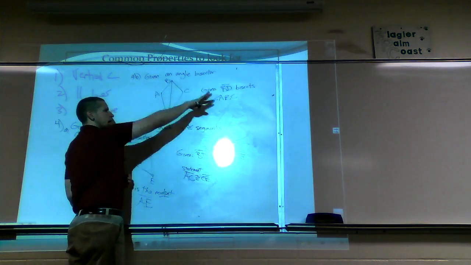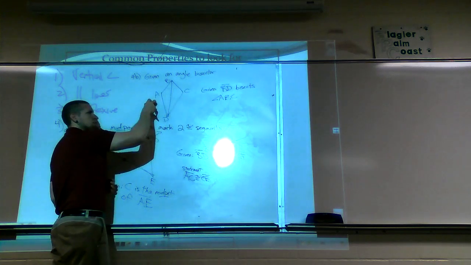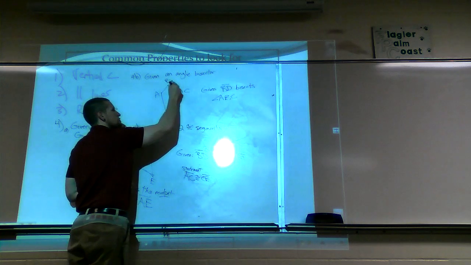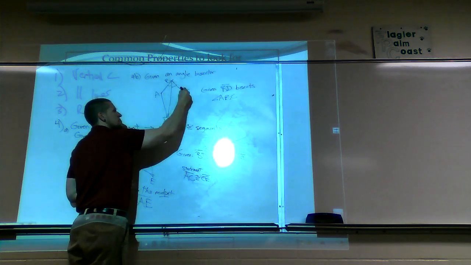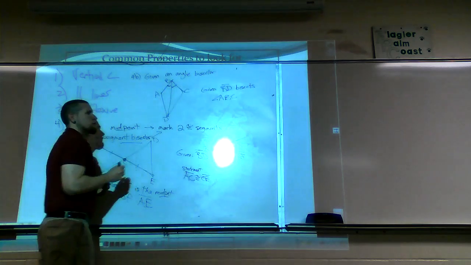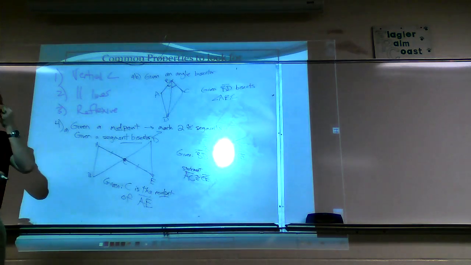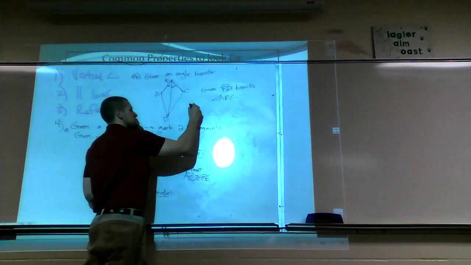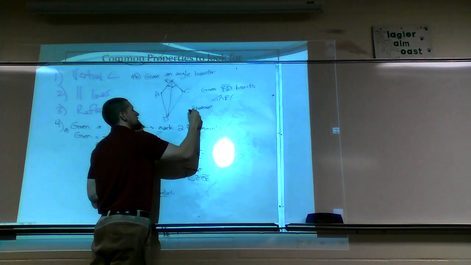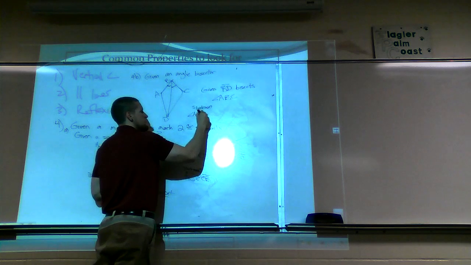So if I started this one and matched up with this picture, like if that was my given, the only angles I knew would be congruent would be those two, because angle ABC is that one. This line is bisecting it, so those two are congruent. So in terms of a statement here, your statement would be something like angle ABD.